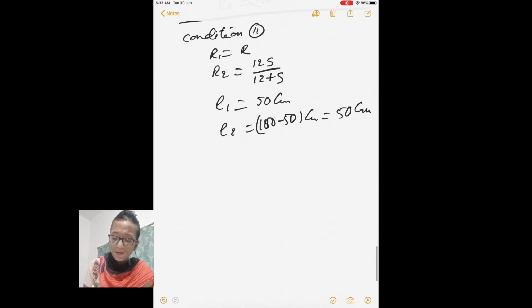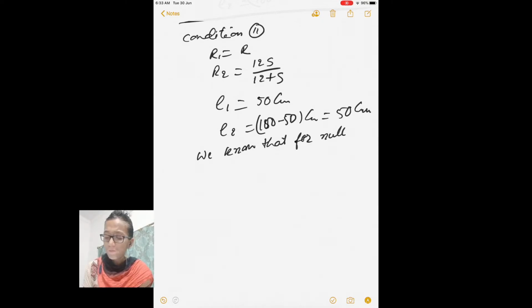We know that for null deflection, R1 upon L1 is equal to R2 upon L2.